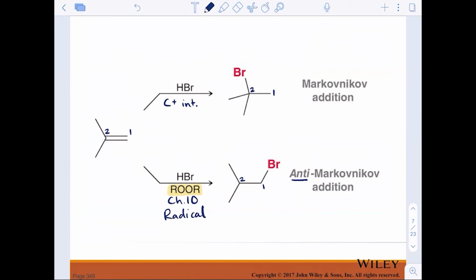This does not mean that all of a sudden carbocations don't mind being on the ends or on less substituted positions. Note, it is a complete change in the mechanism. We will only be working with the Markovnikov addition of hydrohalogenation at this time, but we will revisit the anti-Markovnikov addition in chapter 10.